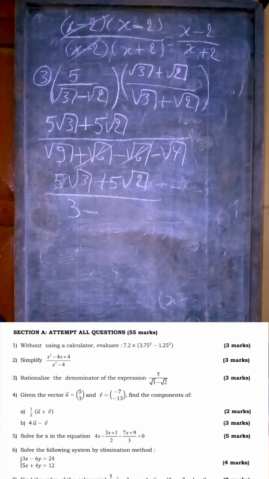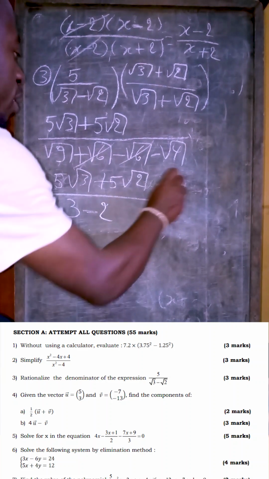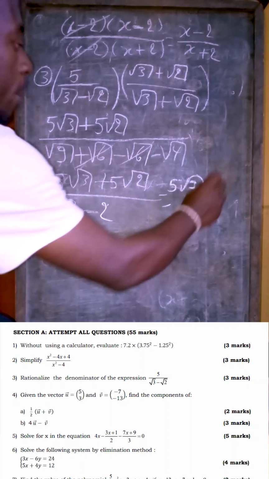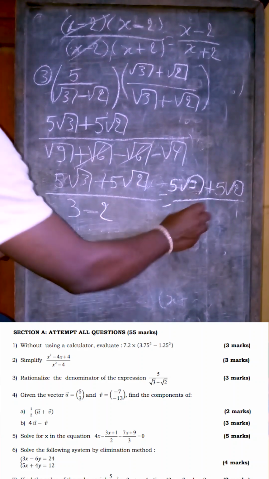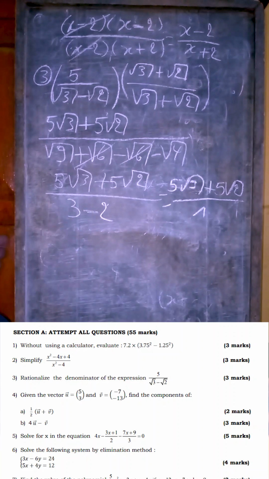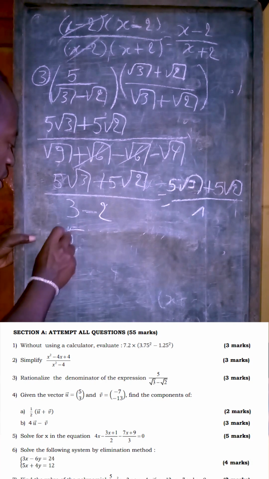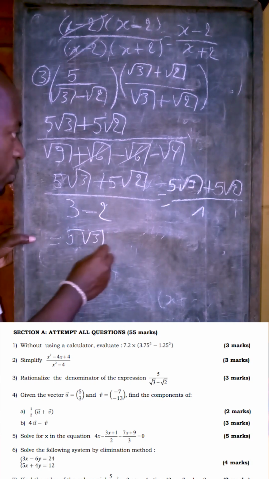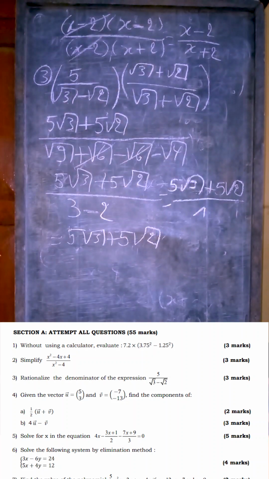So we write 2 here. It will be 5 square root of 3 plus 5 square root of 2 over 1, because 3 minus 2 is 1 and dividing by 1 doesn't change anything. The final solution is 5 square root of 3 plus 5 square root of 2. This is the final answer for our third question.